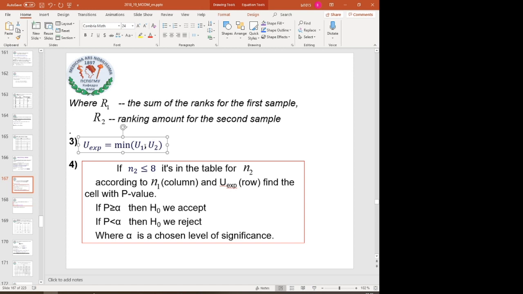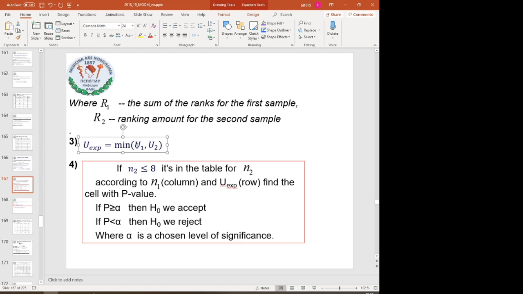So they are mixed. Then it's obvious that the minimum will be greater in this picture than in the first one, when the samples are ordered in such a way that first comes the first sample and after that the second sample.